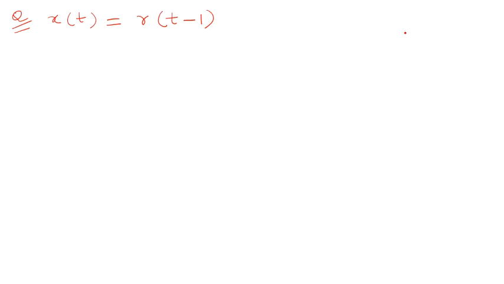Before starting the problems on ramp type signals, you should remember that a ramp signal is a signal of this type. If this is x(t) equals r(t) and this is t, I have already explained that r(t) will be equal to t for t greater than or equal to 0.